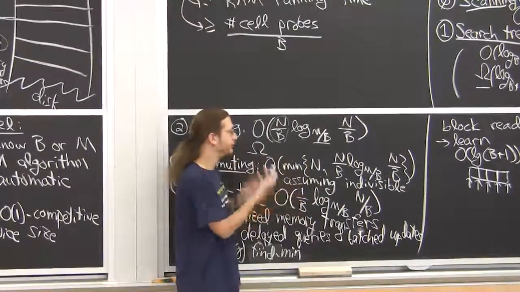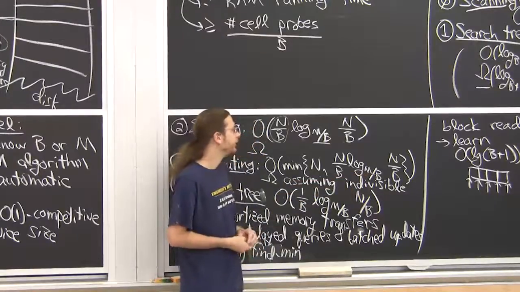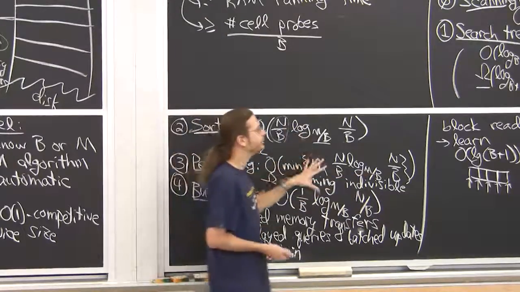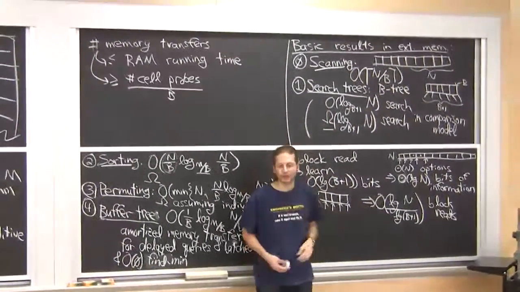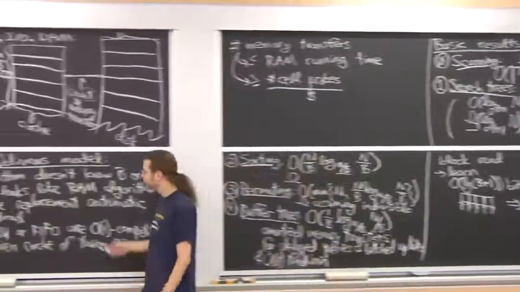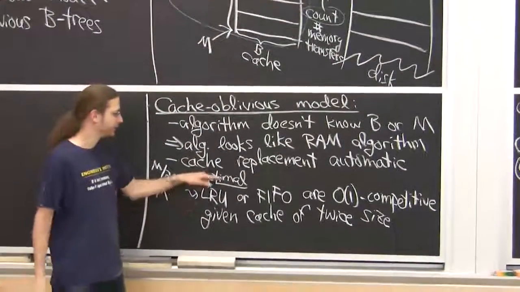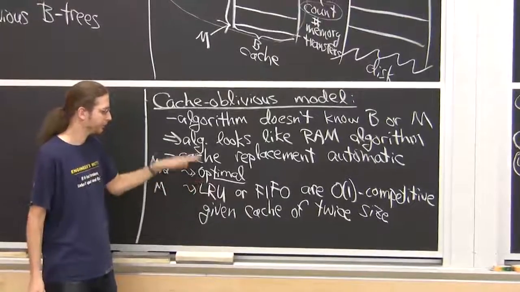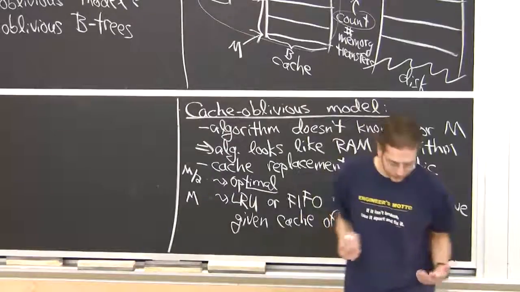Assuming everything is at least some constant, and M and B are not super close, then changing M by a factor of 2 doesn't affect these bounds. These ones don't even have M in them, so it's not a big deal. So we're going to assume this basically for analysis. You could also analyze with these models. The point is they're all the same within a constant factor for the algorithms we care about.